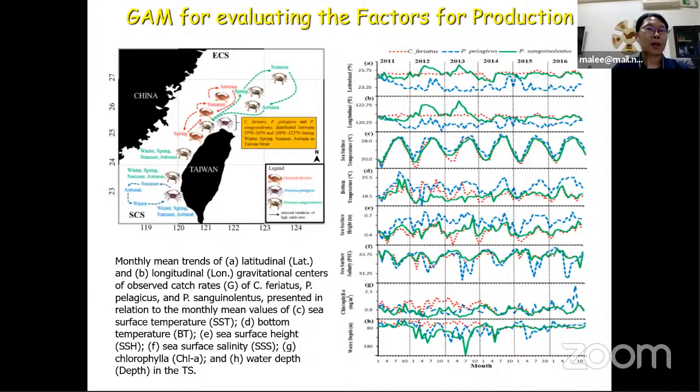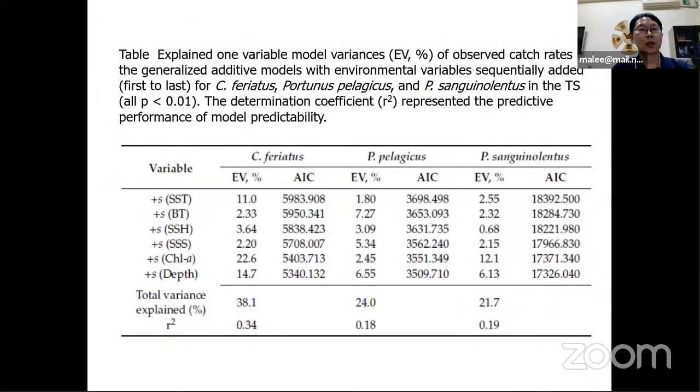And after this, we can gather the GAM models' result, and we can find these three swimming crabs have a good result by using the GAM result.